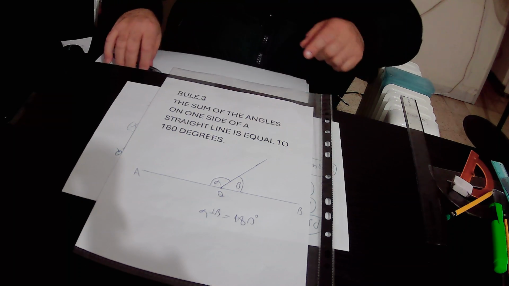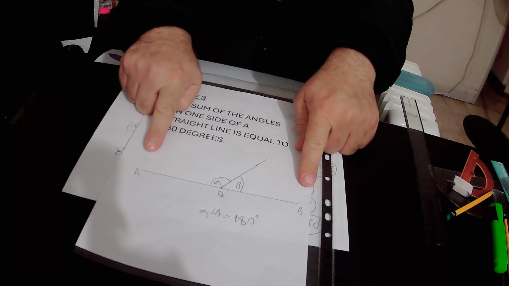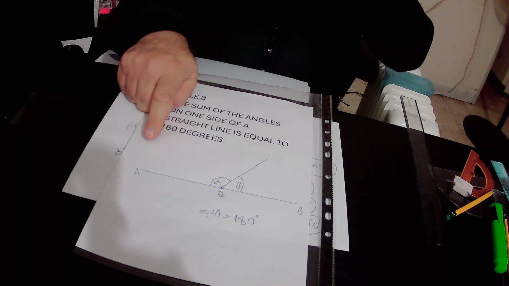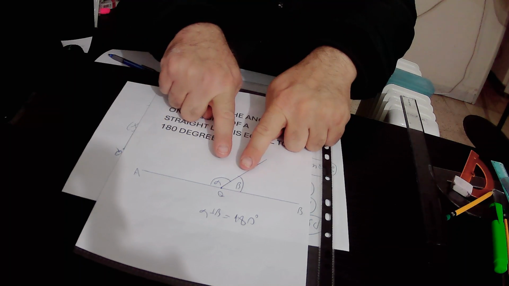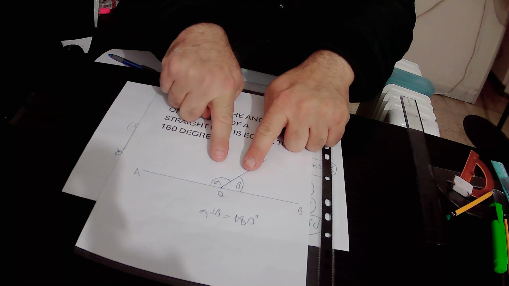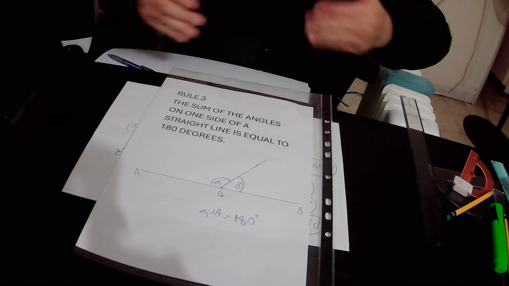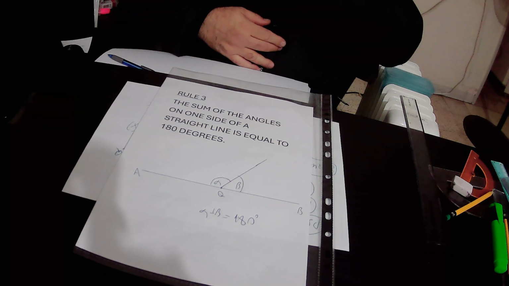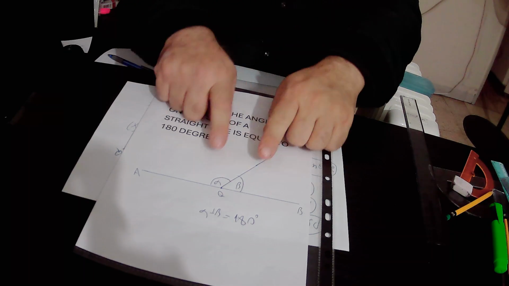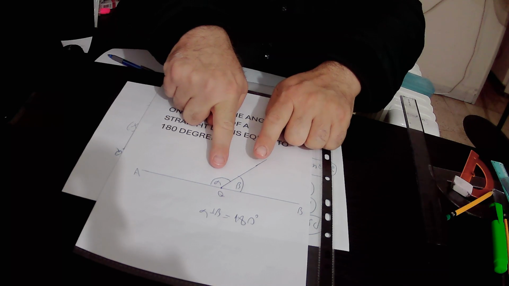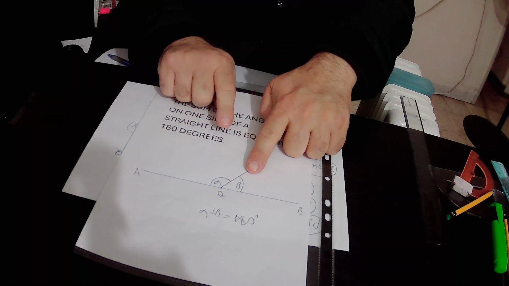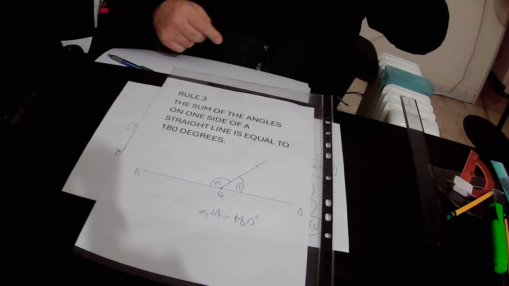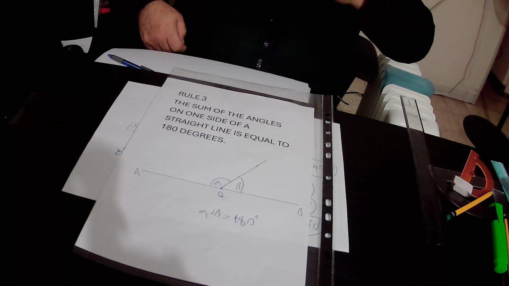So in the drawing we have the straight line AB. If we focus on the upper side of the straight line AB at point Q, the sum of the angles must be equal to 180 degrees according to rule number 3. Which angles do we have at the upper side of AB at point Q? We have this angle alpha and the other angle beta. So in total, alpha plus beta must be equal to 180 degrees.